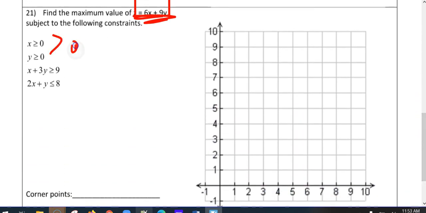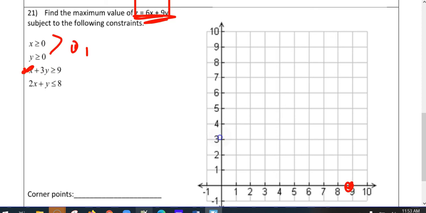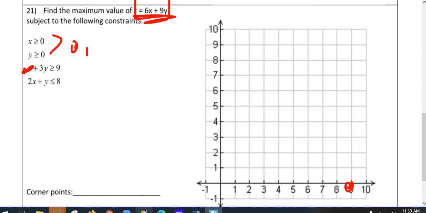Again, quadrant 1. Y. X is 9. X greater than 9. Stable.